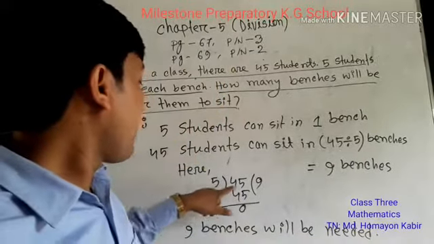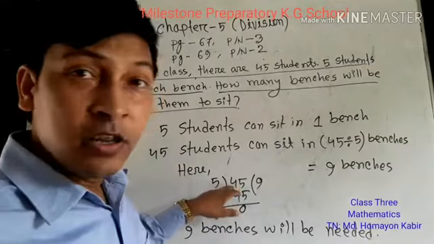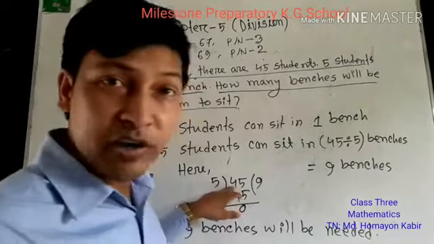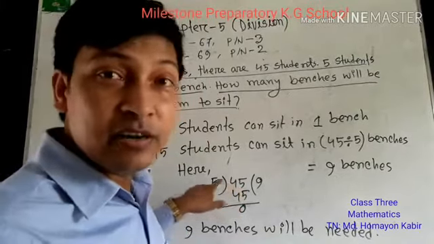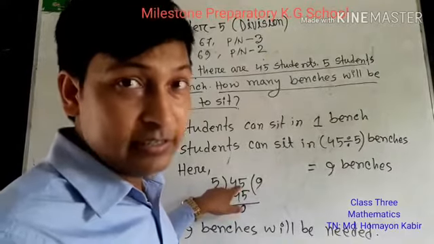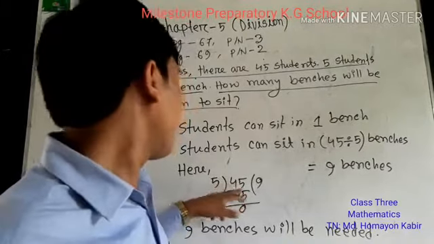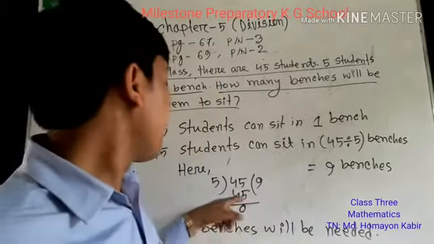Look here. Here is 45. We cannot take only one digit because 4 is smaller than the divisor. That's why we have taken both digits. It will be 45. So now we count the times table of 5. 5 9 is 45.